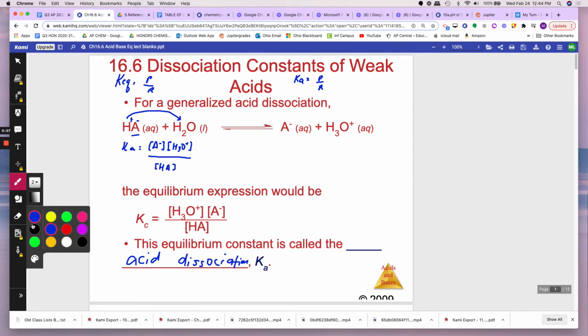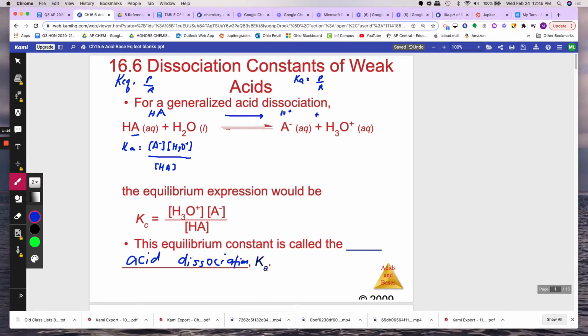In this reaction, we can also write it a different way. The way I've written it before and the way I will be writing in the future is this way. So you have the HA. I don't normally write the water. I just say that the HA dissociates into H plus and A minus.